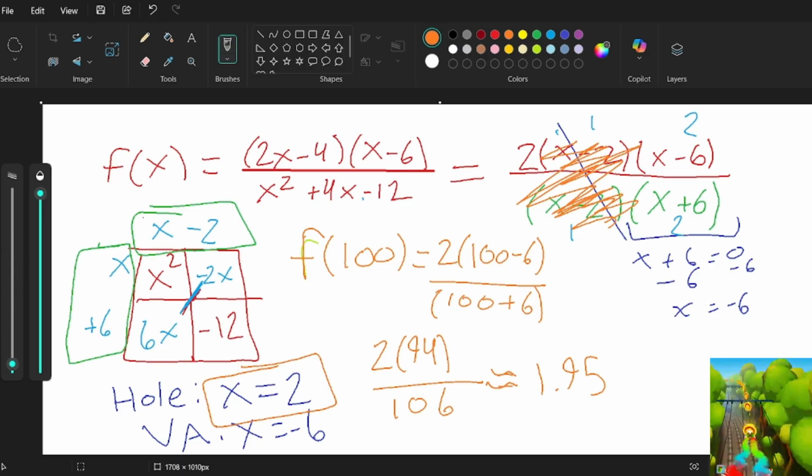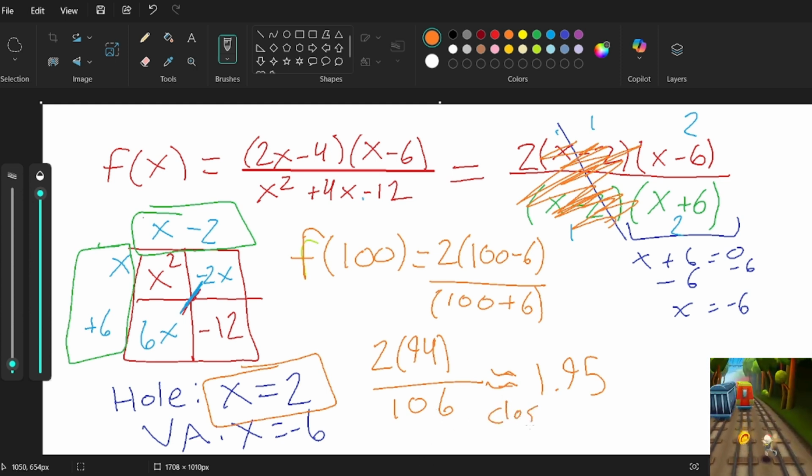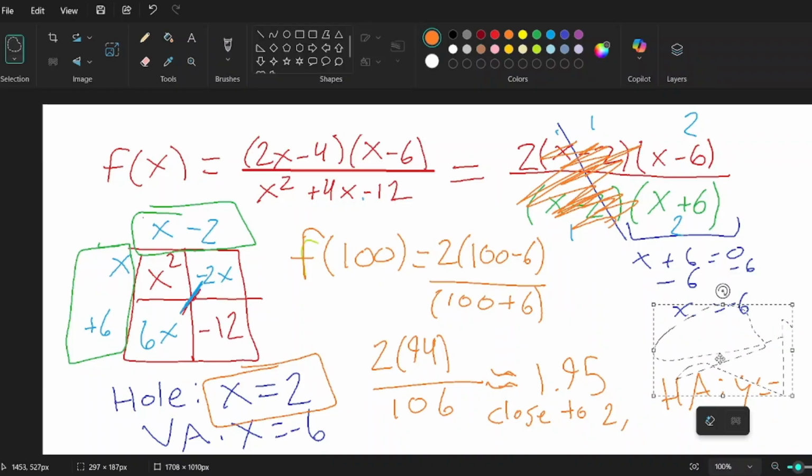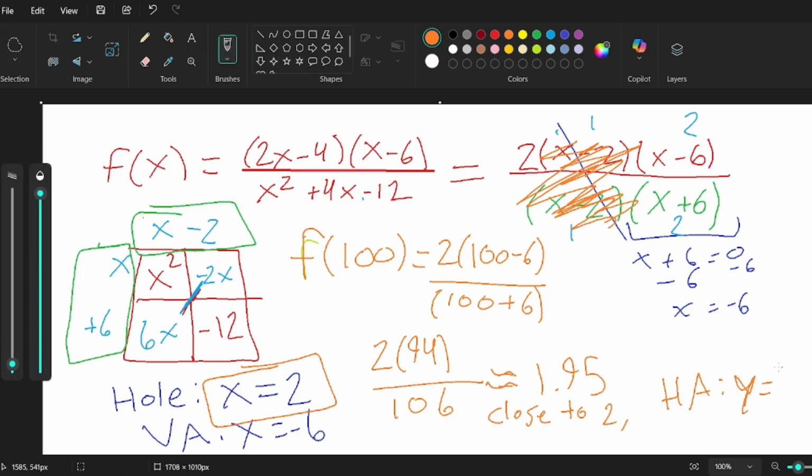And last time I checked, that's pretty close to 2. So because that's close to 2, that means my horizontal asymptote is at y equals 2.